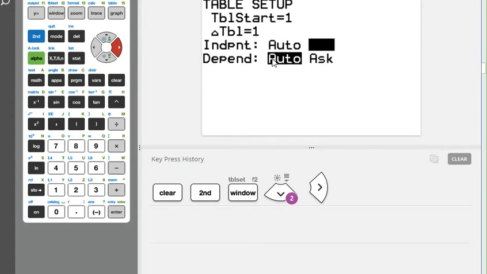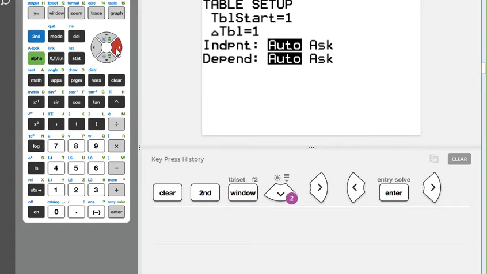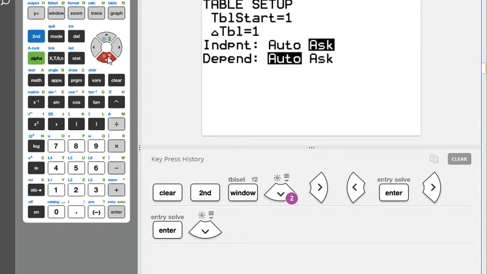The last one, independent, should be set to ask. So if it wasn't, say it was set over to here, then you cursor over to ask and press the enter key. Hopefully dependent is set to auto. It doesn't matter what table start and delta table are. You should be okay there.